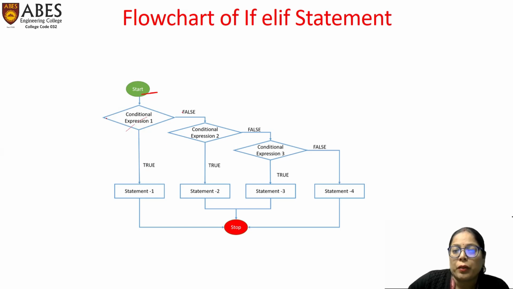If the condition is false, we have another if statement. Again, here a condition will be tested, and if the condition is true, the statement is executed. And if the condition is false, again we have another if statement.